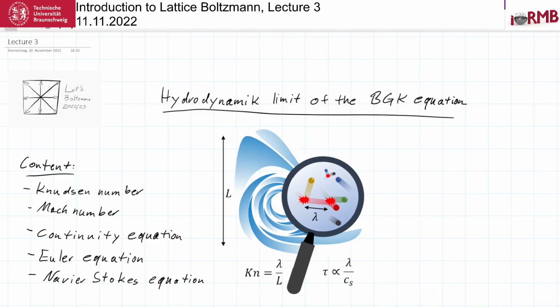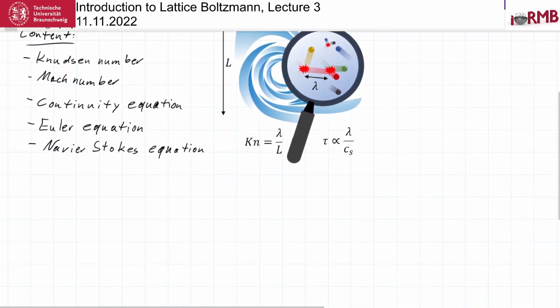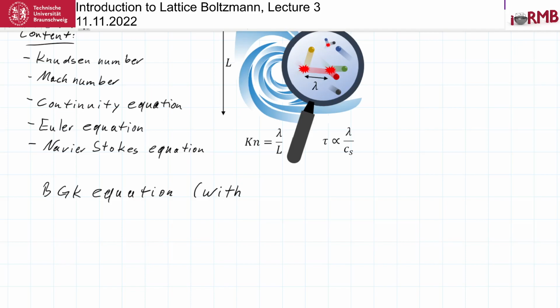Now let us start, of course, with the BGK equation itself, which was derived in the last lecture. This time we write it without macroscopic forces like gravity, far field forces.